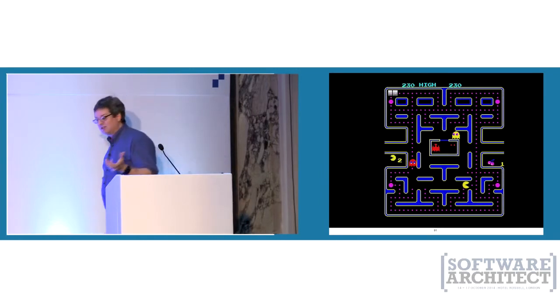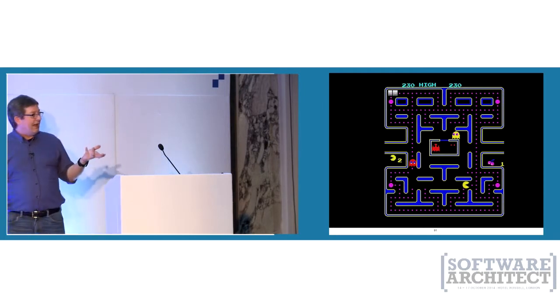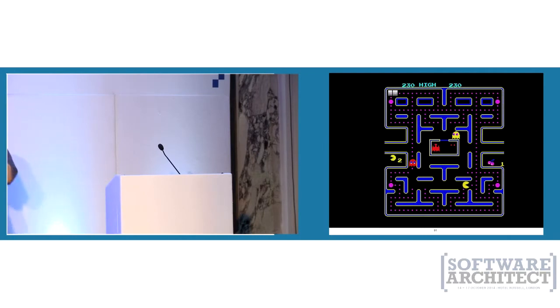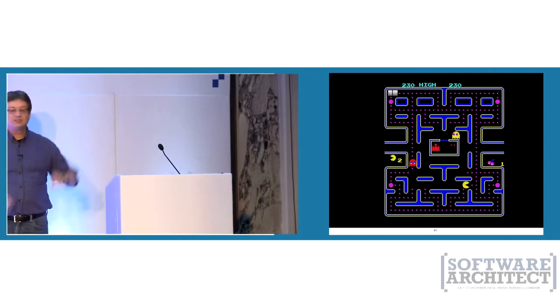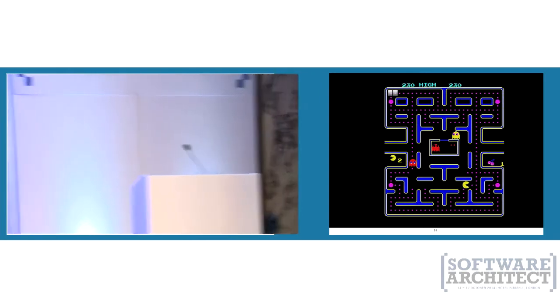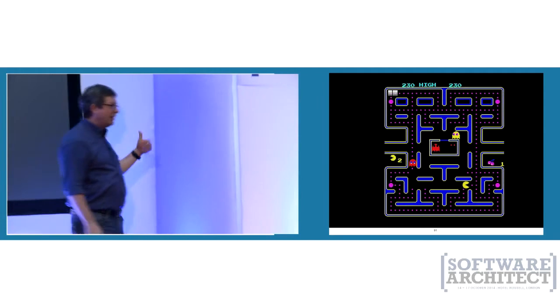Now, if we were designing this today, we would build a ghost class, and we'd build a Pac-Man class, and we'd have several instances of ghost classes, we'd have methods to try to figure out how to calculate distance between them. That's not what they did. They built the whole thing as a state machine where every cell has rules that it runs every time through the game.